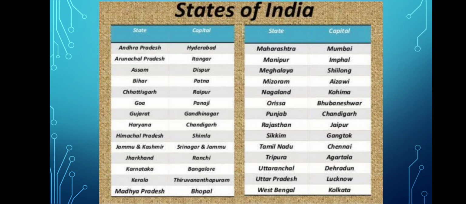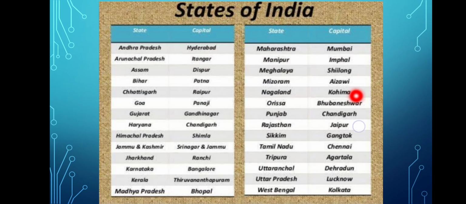Previously it was 29 states, but nowadays Kashmir in the northern part was divided into two parts, Ladakh and Jammu and Kashmir. They are now union territories and there are 28 states. Here the names of the states are given on the left-hand side, and the right-hand column is the capital.